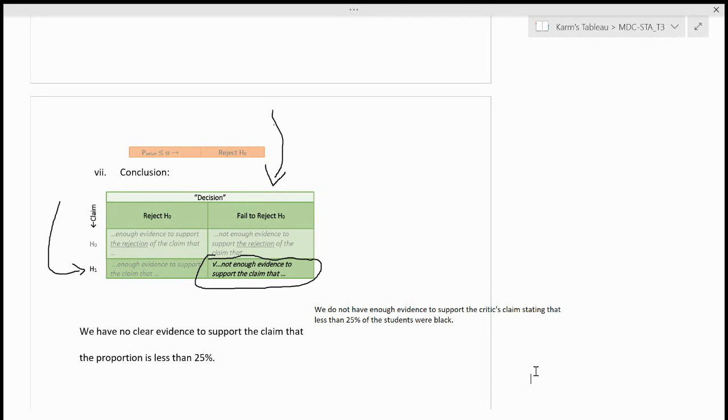But based on the study that we just went over, we can see that that statement wasn't a true statement, because based on the hypothesis testing, there was not enough evidence for such a thing.